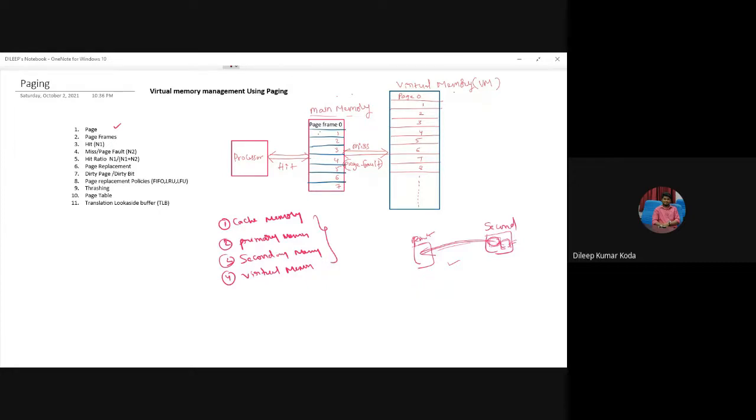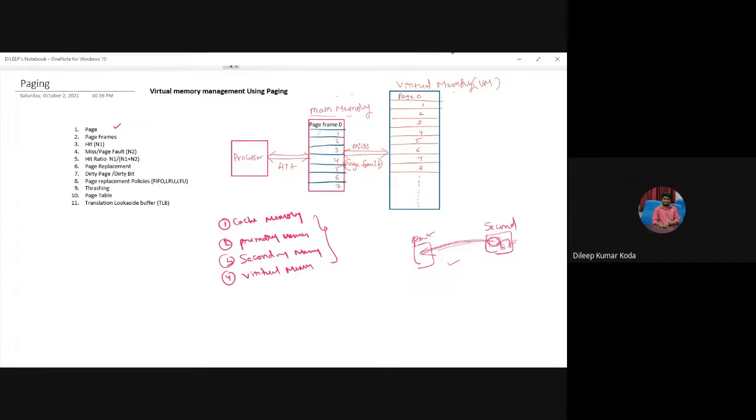Whenever you want to process something, your process will transfer the information from virtual memory to main memory. So when you transfer the information from virtual memory to main memory, you are getting the information from the virtual memory pages into the main memory page frames.